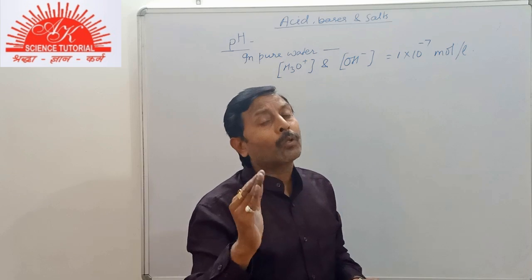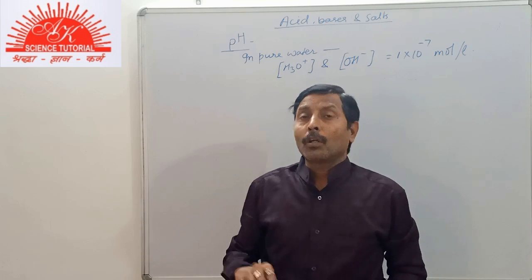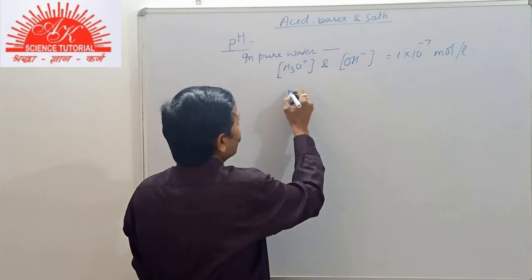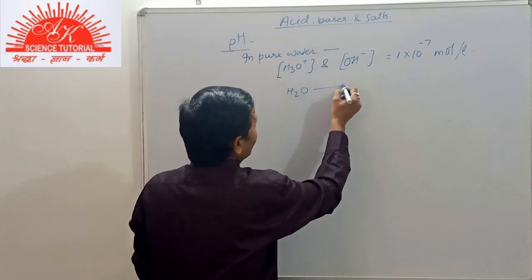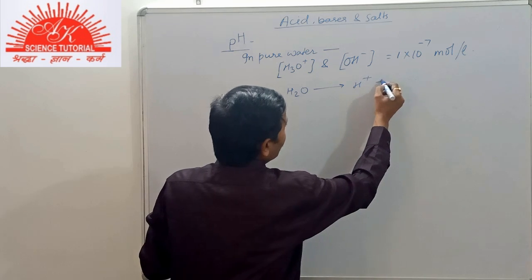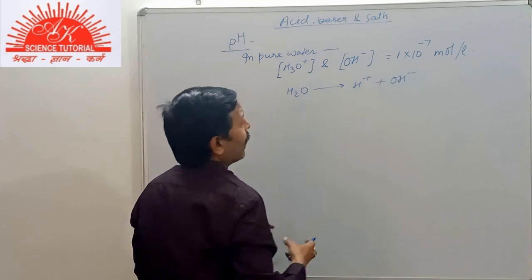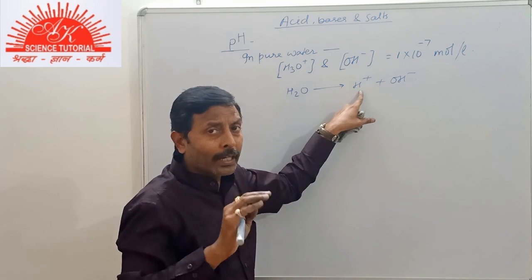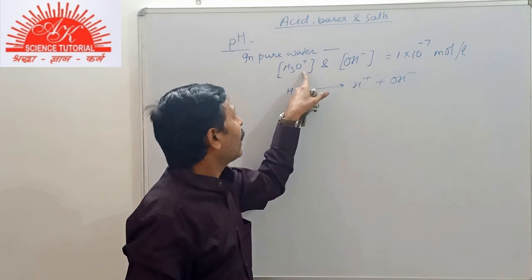So, in any aqueous solution, both these ions are present, because you know that when water ionizes, it gives H plus and OH minus ion, and as you know, H plus ion is unstable, so it reacts with another water molecule to form hydronium ion.